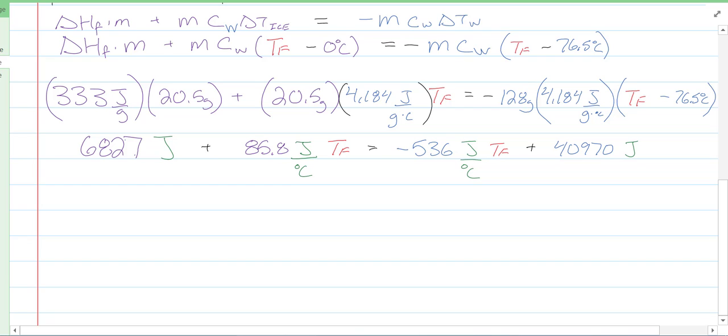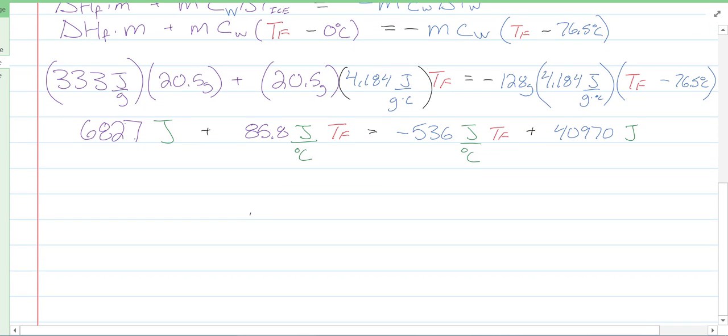I'm going to get the TFs on the left-hand side, so I'm going to add 536 TF to both sides to get TF on the left, and the joules on the right. If I add the 536, I get 622 joules per degree Celsius times TF equals, on the right-hand side, 34,144 joules.